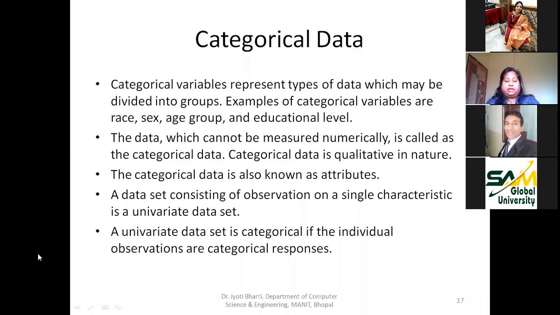When we use this categorical data, if we collect the data about a particular organization, then after the collection of data we have to organize it in an appropriate format. Like our education system, just like Sagar University.